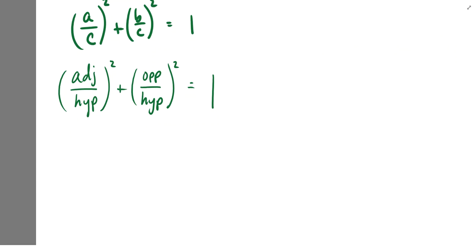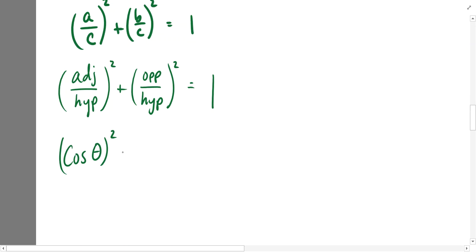And by definition of our trig functions, the adjacent side length divided by the hypotenuse side length is the same as our cosine ratio. So cosine ratio squared plus the sine ratio squared must be equal to the number 1.